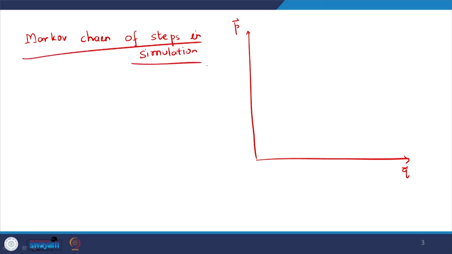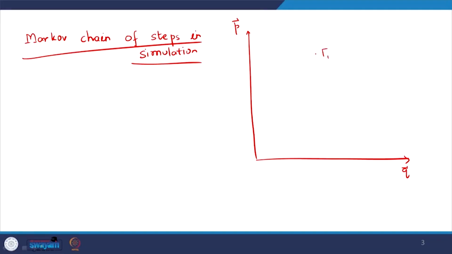This means actually two things. First of all, I assume that there are a certain number of states that I am going to sample. Let me call those states gamma_1, gamma_2, gamma_3, gamma_4, gamma_5, up to gamma_m, and of course, m is going to be very large.